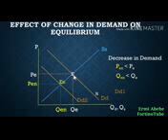When any one of these determinants changes, it will affect the demand curve and result in a change in demand, which forces the demand curve to shift outward or inward.